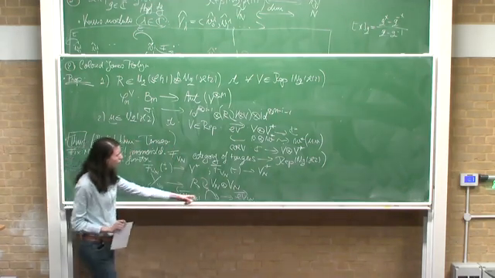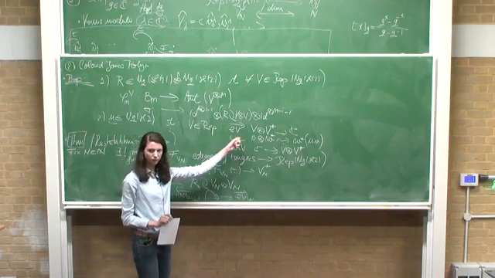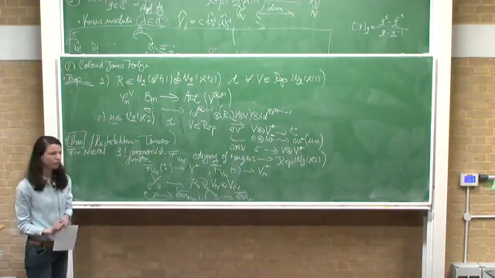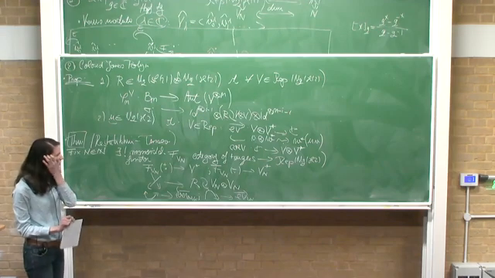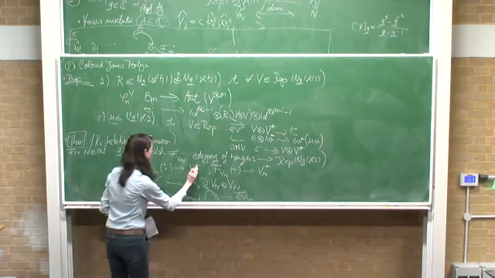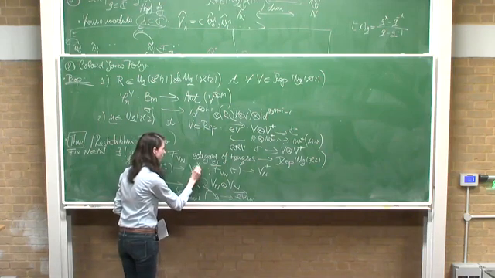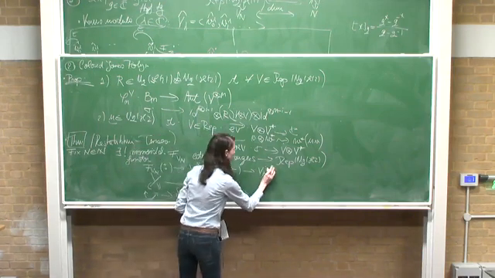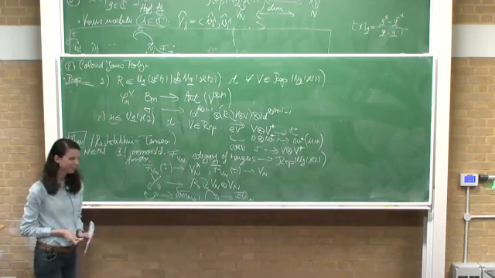And these are the functions that we defined here. Here I wrote V star, but one of them should not have a star. I'm sorry.